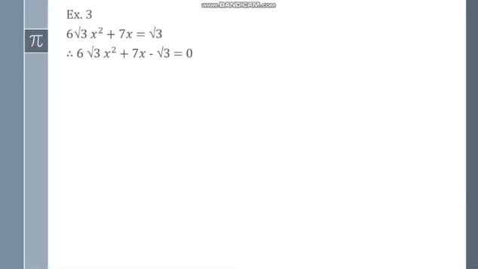The coefficient of the first term is 6√3 and the third term is √3. If we multiply them, the product is 6√3 into −√3. √3 into √3 is 3.